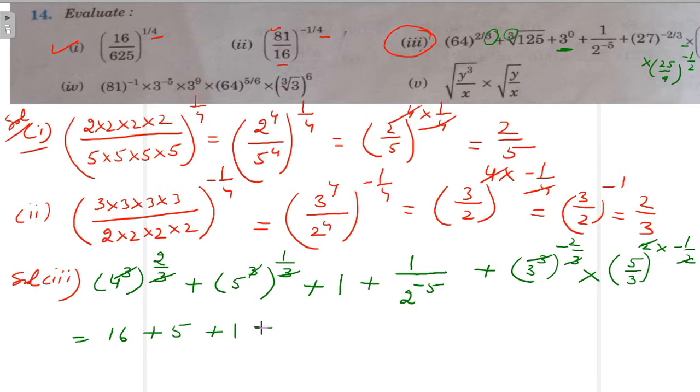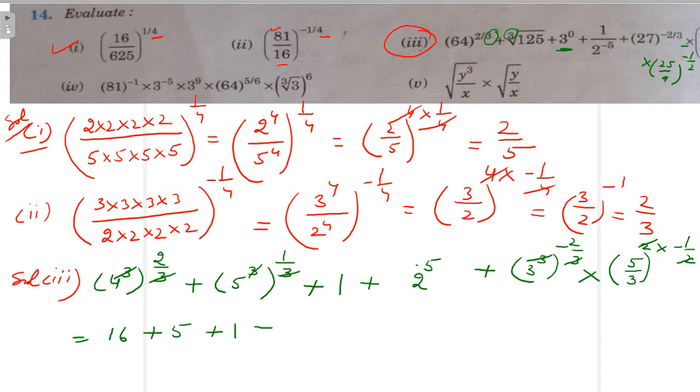So here one thing we can do, we can erase this and write this 2 raised to power minus 5. We bring it up and it will become positive.